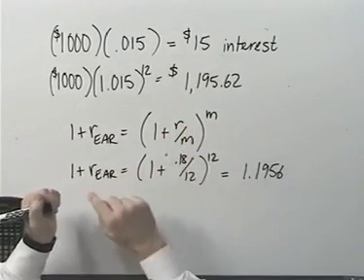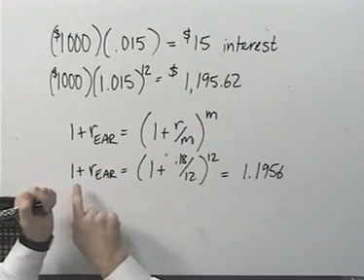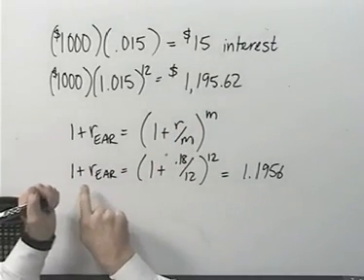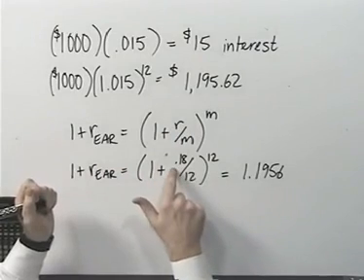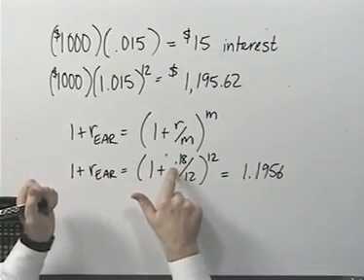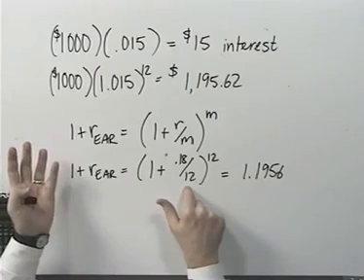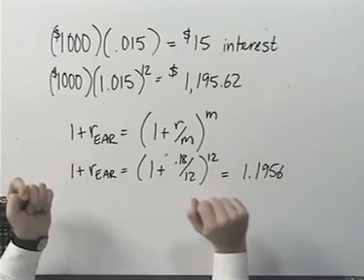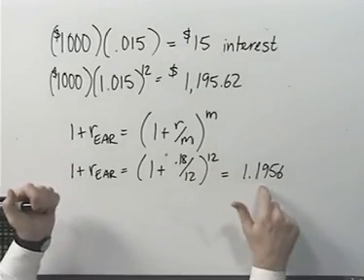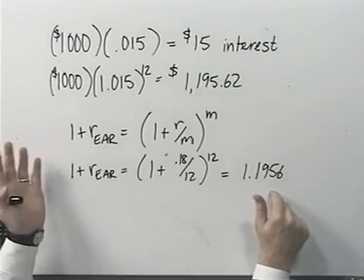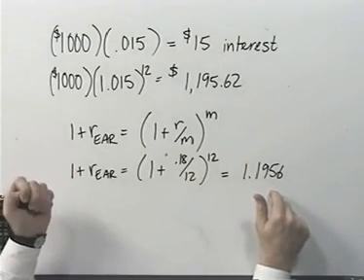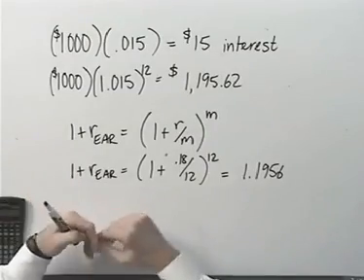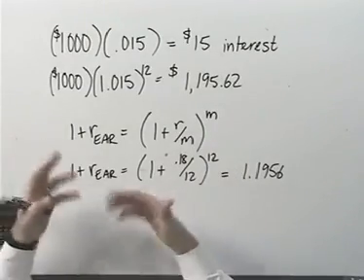Using our example, we can calculate the effective annual rate using our credit card stated annual interest rate of 18% divided by 12, because it's compounded 12 times per year or monthly, raised to the 12, which is going to give us 1.1956 for an effective annual rate of 19.56%. So in that way, we see the relationship between these three different ways of stating interest rates.